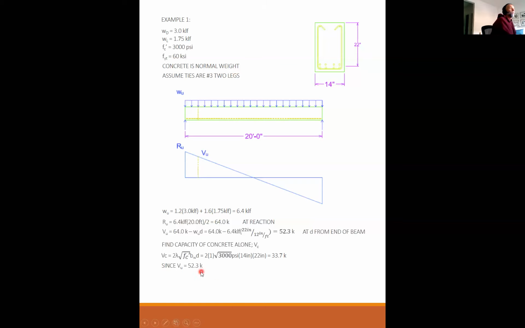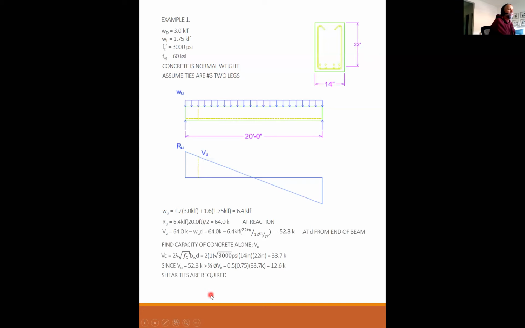Since VU is equal to 52.3 kips, which is greater than half of phi V sub C, so we'll take this times 0.75, which gives you, I don't know, like 25 kips, and then take half of that, you're like 12, 13 kips. Clearly 52.3 is greater than 13 kips. Oh, I did actually run it out. 12.6 kips, good guess. So 52.3 is greater than 12.6 kips.